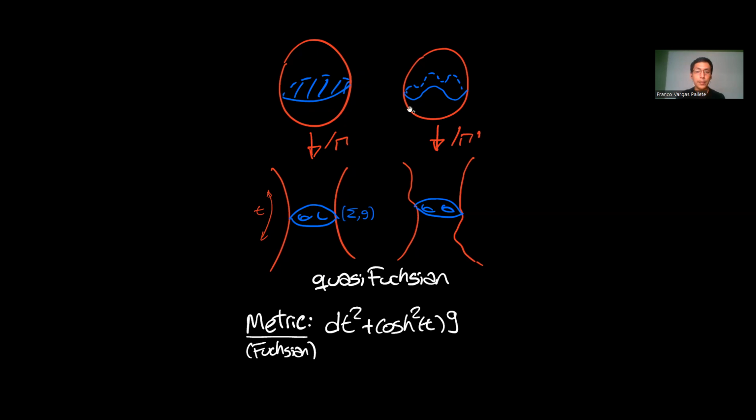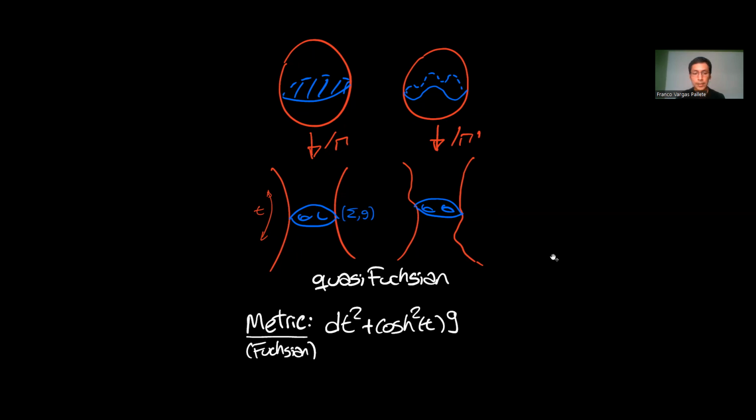And again, when we do the deformation, we call them quasi-Fuchsian. As an example, if we were to take the equidistant foliation with respect to the totally geodesic surface we obtain from gamma, and write the coordinates of the metric with respect to the equidistant surfaces, we would write the metric as dt squared plus hyperbolic cosine squared of t times the hyperbolic metric of sigma.